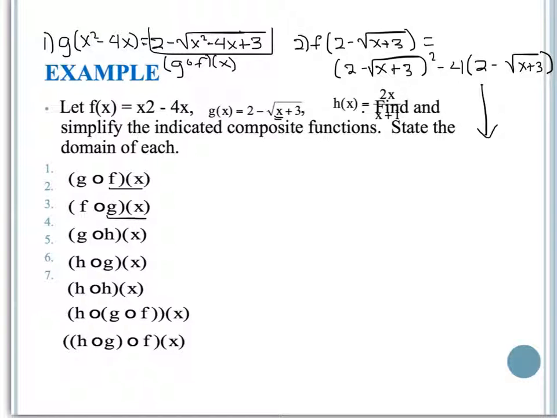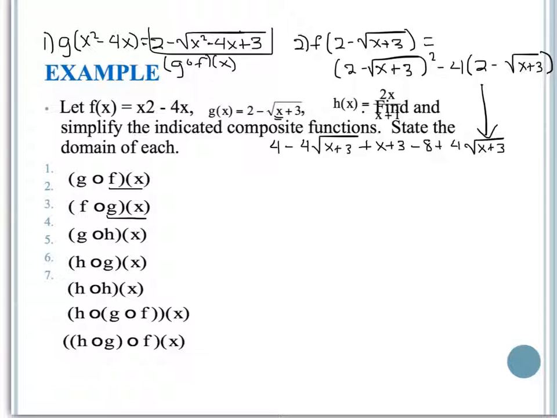So if I square my first set of parentheses, I would get a 4 minus, normally I would just double the second term, but I also have a 2 there, so 2 times 2 gives me 4, and when I square the last one, I would remove my square root. And then when I look at multiplying by -4, I get -8, a positive 4 square root of x plus 3.